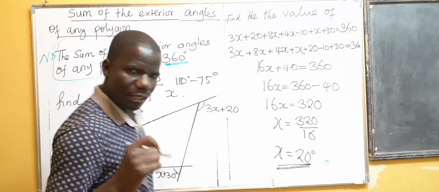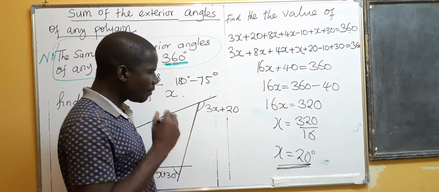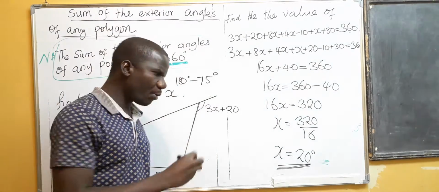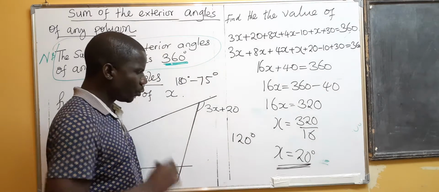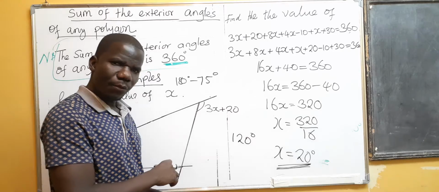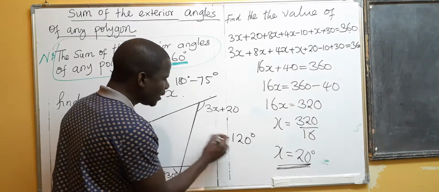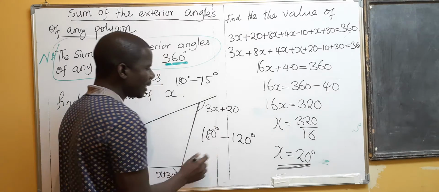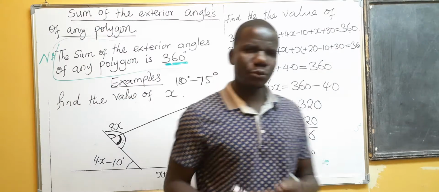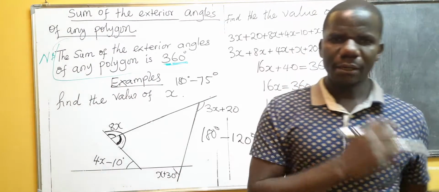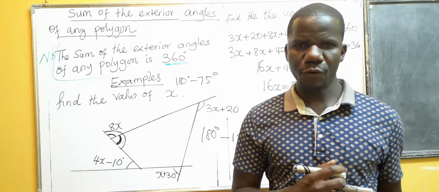If I have given you the interior angle as 120, you must be able to know that the exterior angle is 180 minus this one. What am I saying as I'm preparing you for the last lesson, which is lesson 4?